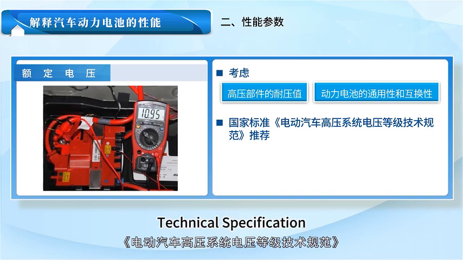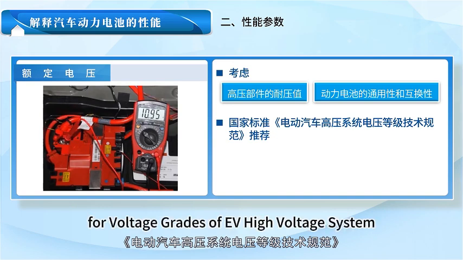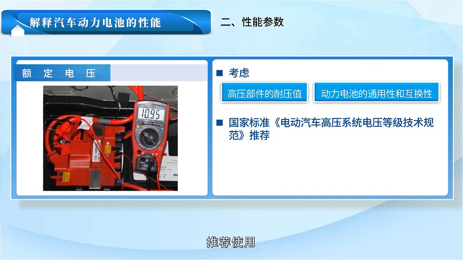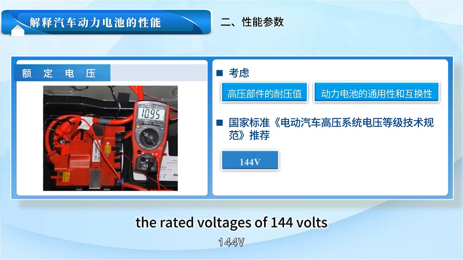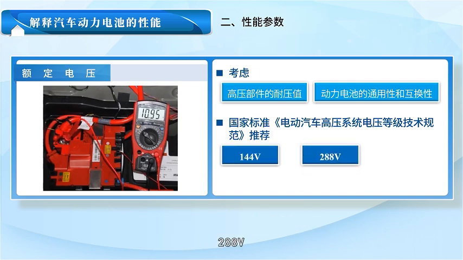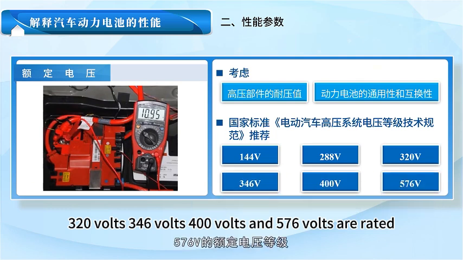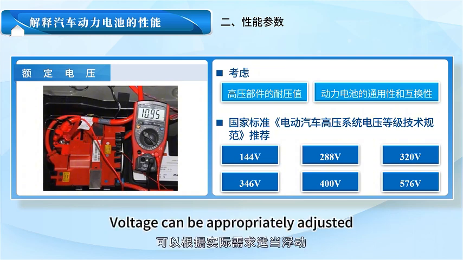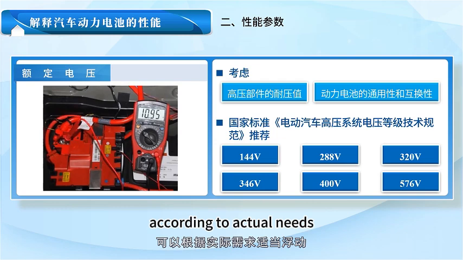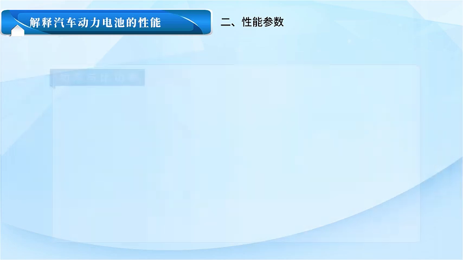The National Standard Technical Specification defines 4 voltage grades for the EV high voltage system. It is recommended to use rated voltages of 144 volts, 288 volts, 320 volts, 346 volts, 400 volts, and 576 volts. Voltage can be appropriately adjusted according to actual needs.